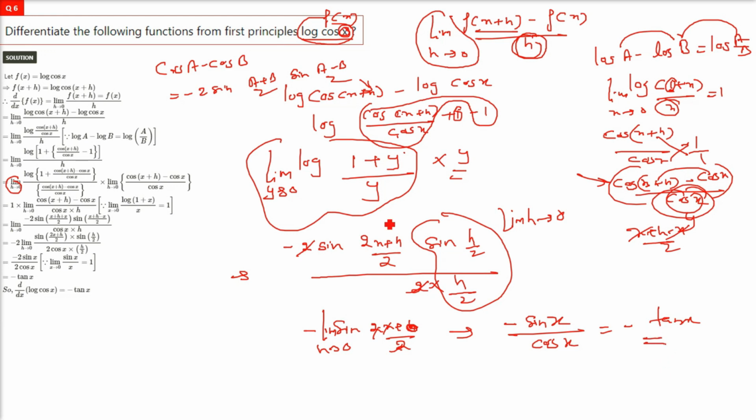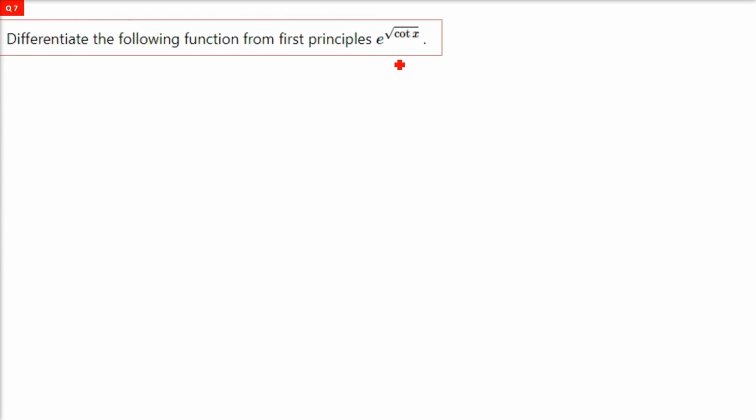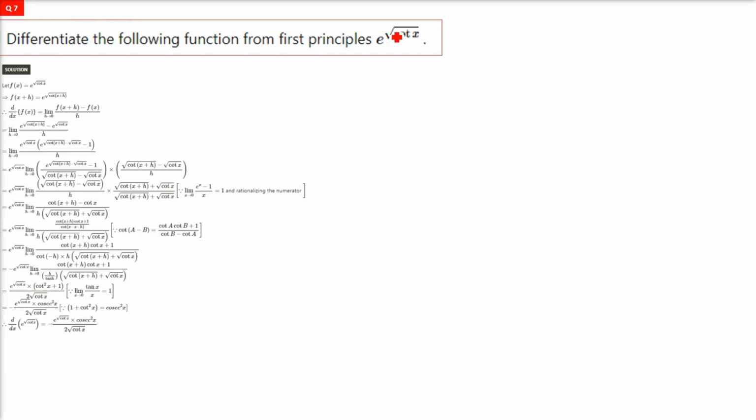Alright. So, I just wanted to show you how to do this. That's why I skipped something. Next is e raised to root cot x. We have to solve it using the first principle. So those who want to try this question themselves, I have given a reference on the left.